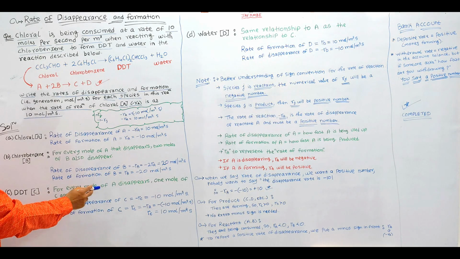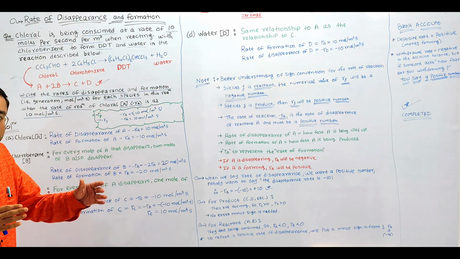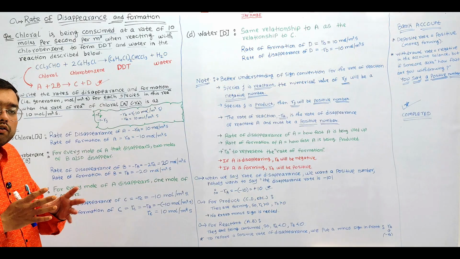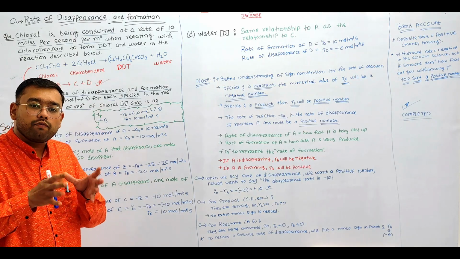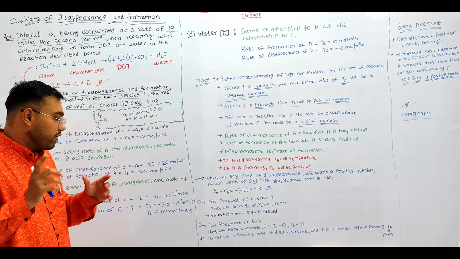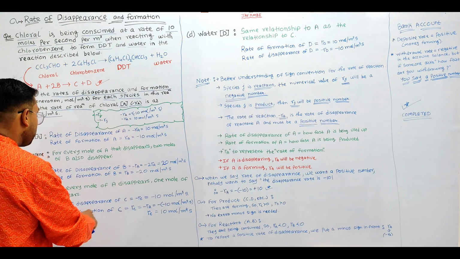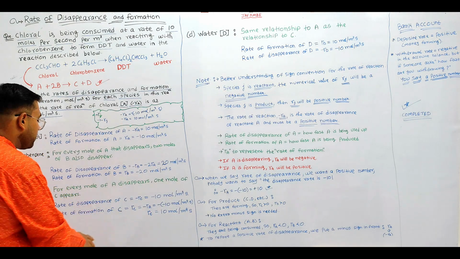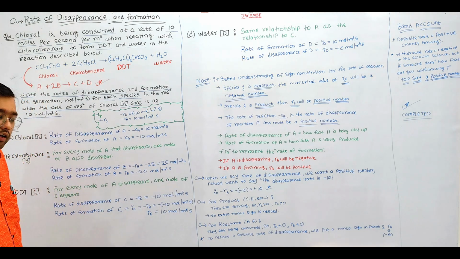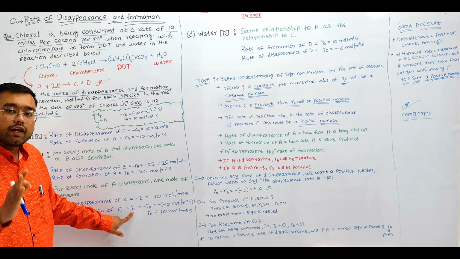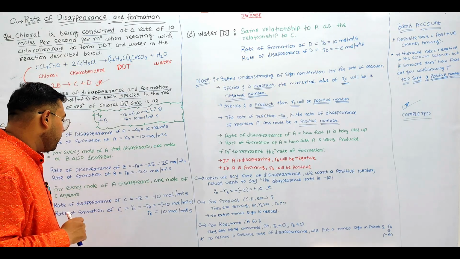So for every mole of A that disappears, that is consumed during the progress of the reaction, 1 mole of C will appear as a product. First we'll write the rate of formation of C. So Rc will represent the rate of formation of C.